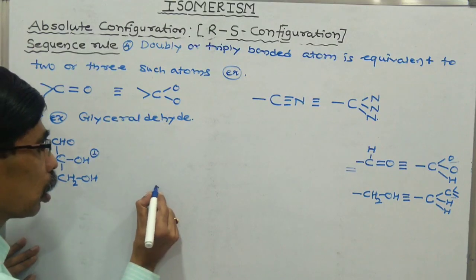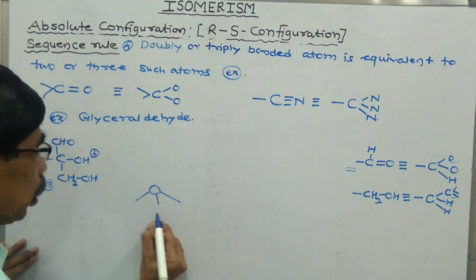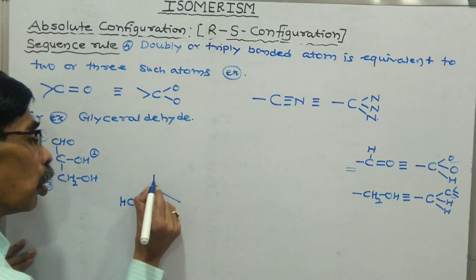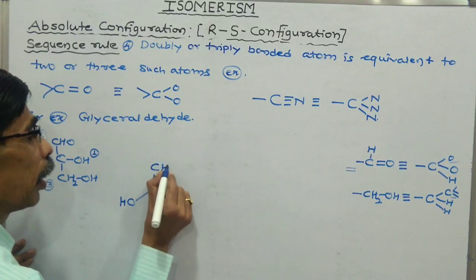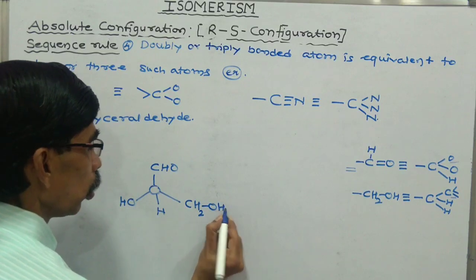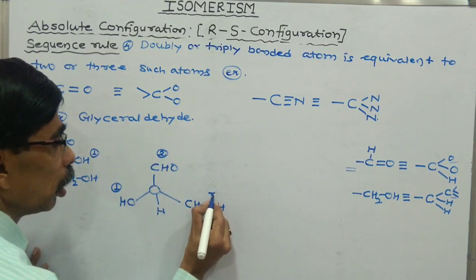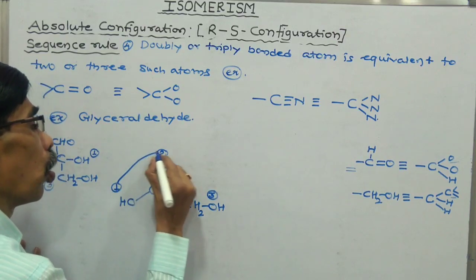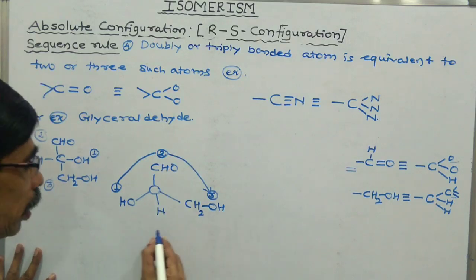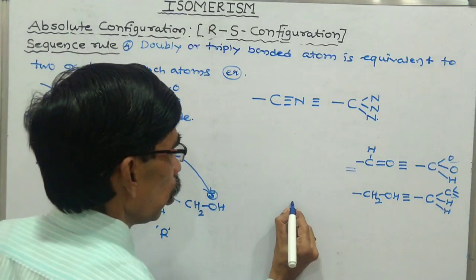So we can write this now. The lowest priority atom is hydrogen. Now this OH, the second priority is CHO and this is CH2OH. So the first priority is OH, second is CHO and third is CH2OH. Now such rotation is clockwise, therefore this is the R configuration.